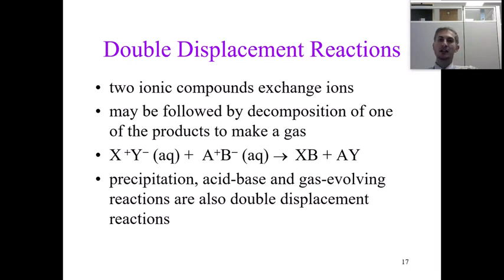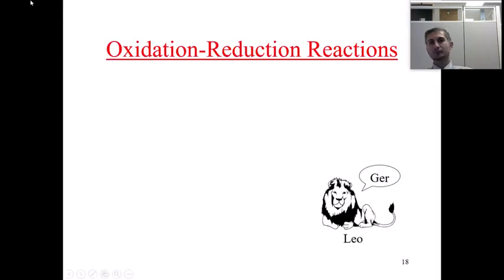Precipitation means we make a solid, so one of the products should be solid. Acid-base means we have an acid, H in the front of the molecule, and a base, OH at the end. This is what we work on in chapter 14. And gas evolving reaction, one of our products is gas. We talk about this later in our class.